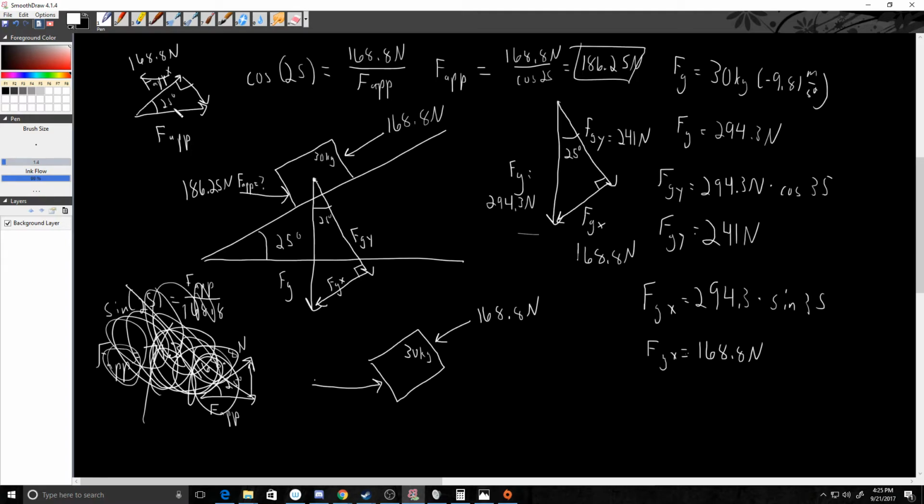Because essentially at that point, my F applied in the x direction, we said this was the x direction, would equal the F g of x, the amount pushing down on it. If I apply more than this much horizontally, I'll have a net force that's up in this direction. Because I can't move into the slope, that'll be canceled out by a new normal force, which we'll talk about in class.